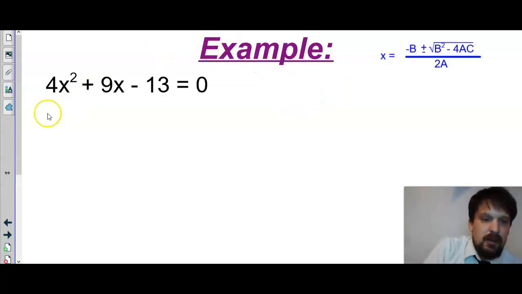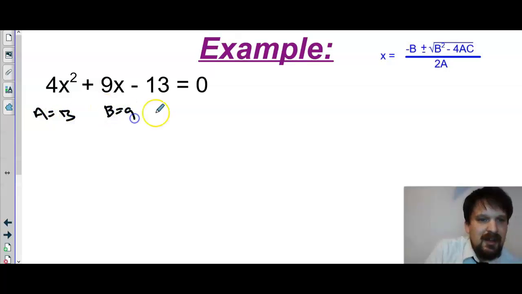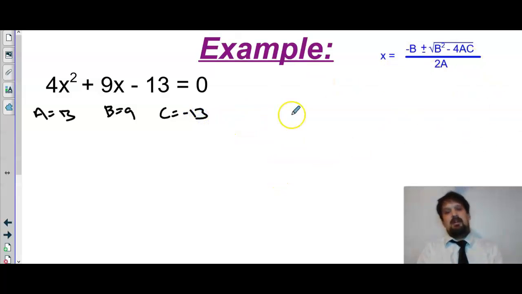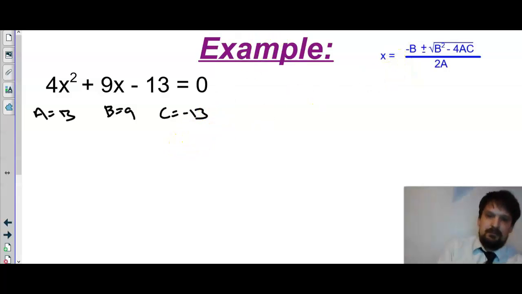All right, so we have A is 4, B is 9, and C is negative 13. So let's go ahead and plug it into our formula. What's going to help you a lot is to use parentheses every time you plug in a number. So we're going to do negative B, and B is 9, so parentheses 9.